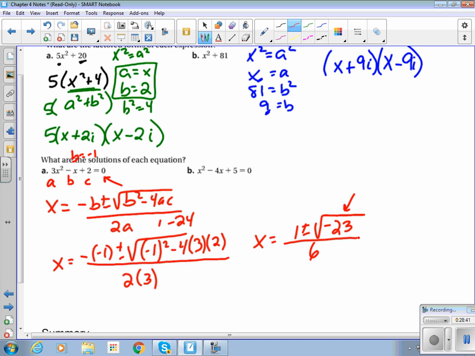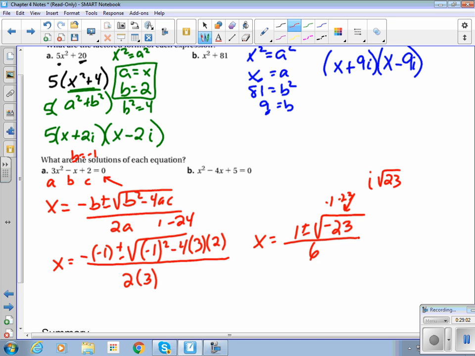We now know we're going to deal with that negative number under the root. It's going to be equal to the square root of negative 23, which is going to be equal to 23i. Remember, we take that negative 1 and we make it the i. 23 is not a perfect square, so it stays.